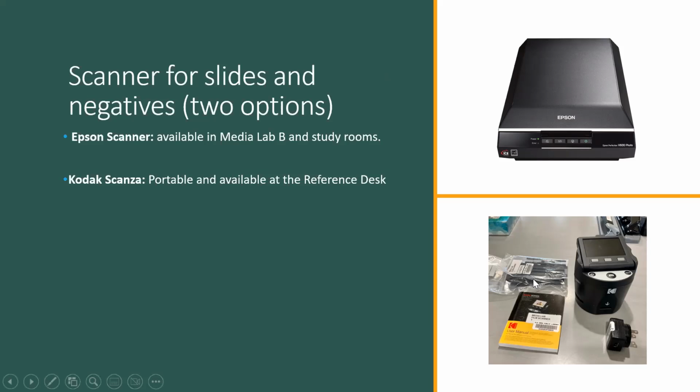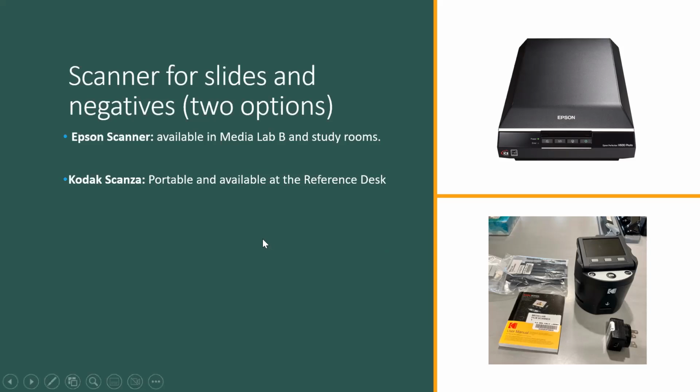Another thing we have, and this is a relatively new piece of equipment, is this Kodak Scanza. And that's the one you see in the lower right, which is available in Media Lab A, which does not have the Epson scanner. So you could use this in Media Lab A for slides or negatives. You're not able to do photos, however.